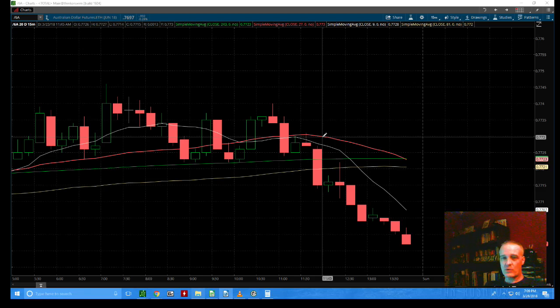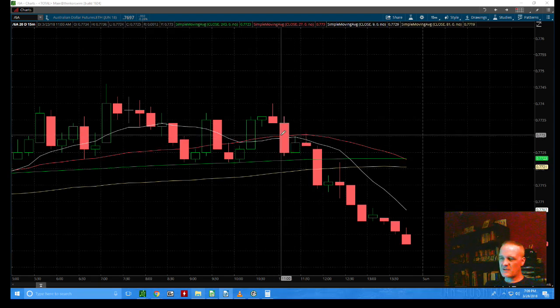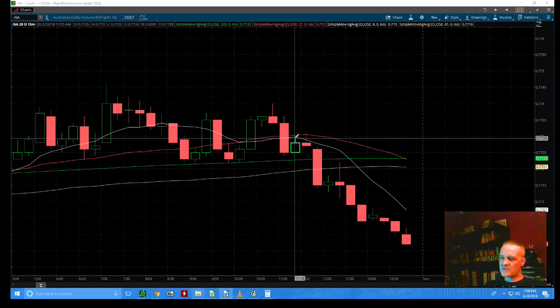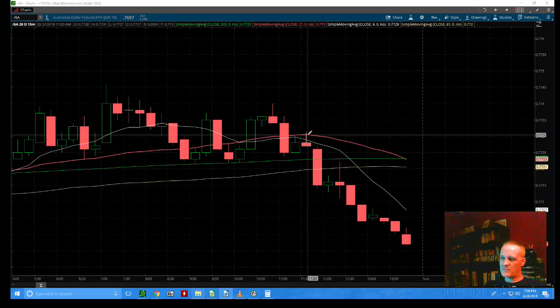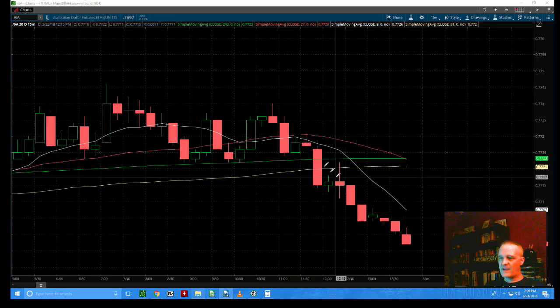Okay, so it's more periods going in there, so therefore it is slower. Now you can see here that the 9 and the 27 are very close together. And you can also see here that the 9 is starting to pull away from the 27. So what is that? That's an indicator of downward momentum.